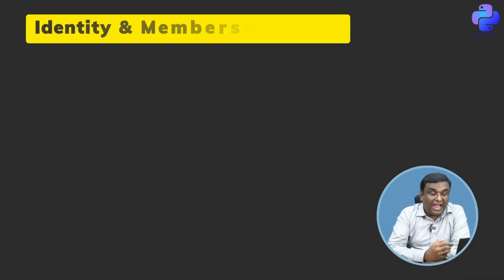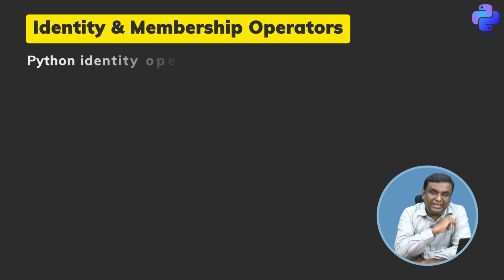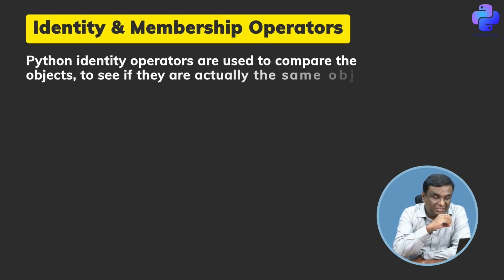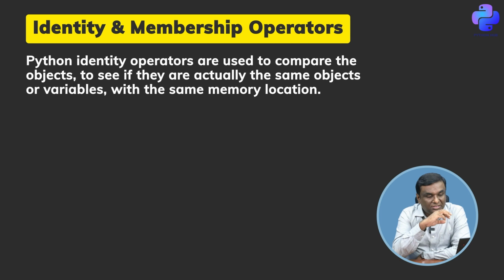Now let's look at identity and membership operators. So what do you mean by identity operators? The Python identity operators are used to compare objects to see if they are actually the same objects, or variables with the same memory location.